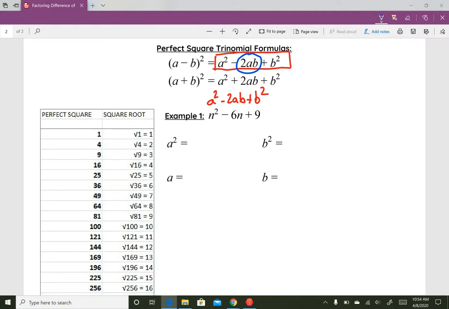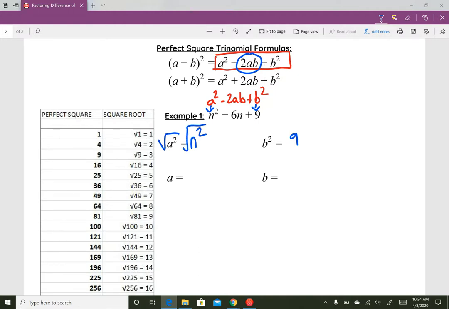In order to find a, we're going to need to know what a squared is and what b squared is. So I match this up. A squared goes with n squared, so a squared is equal to n squared, and then b squared goes with the last term, or 9, so b squared is equal to 9. If you remember from the difference of squares, if I want to get this to just become a, I have to take the square root of both sides.